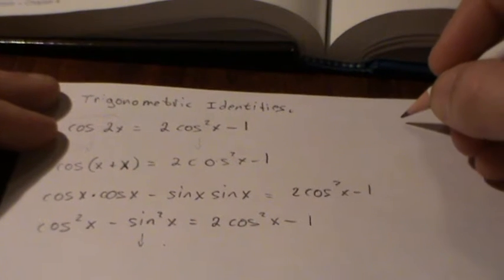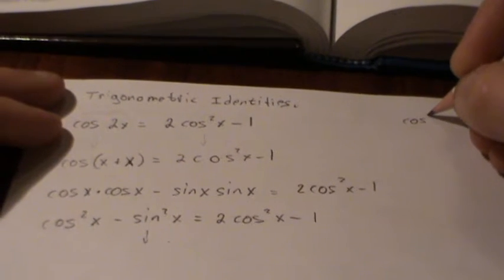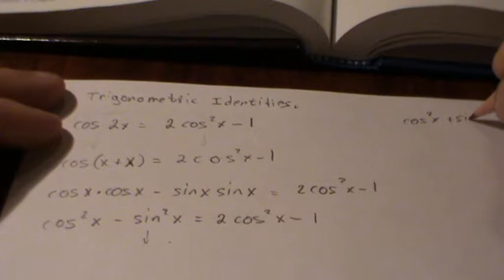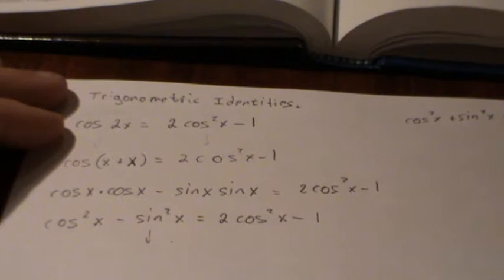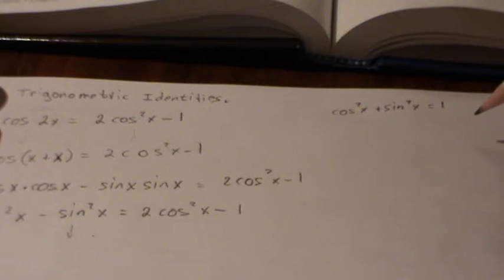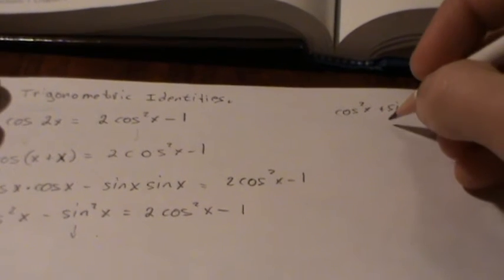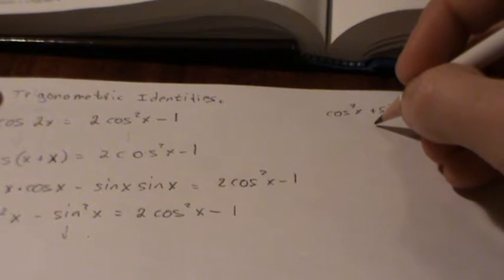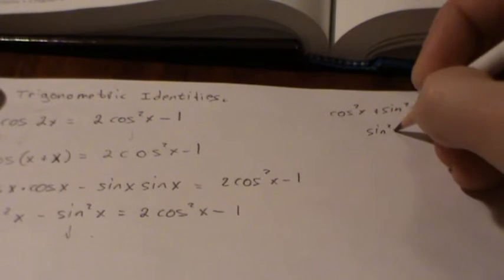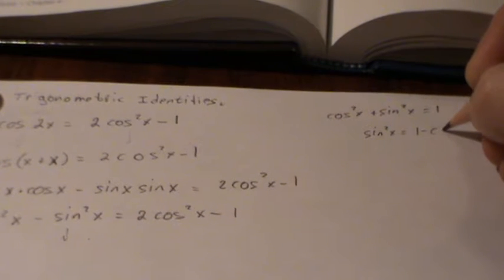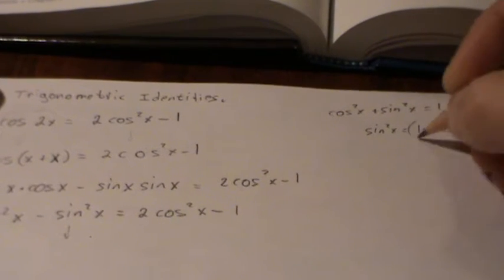Remember that cosine squared x plus sine squared x is equal to 1, right? And so what I can do is I can subtract a cosine squared over here, and I can say that actually sine squared x is equal to 1 minus cosine squared x.